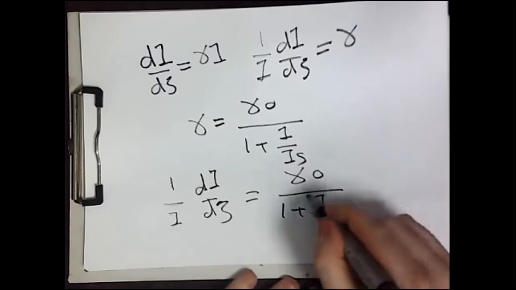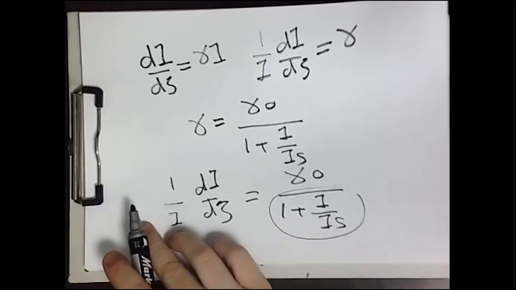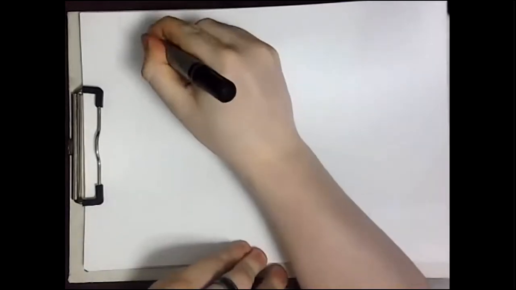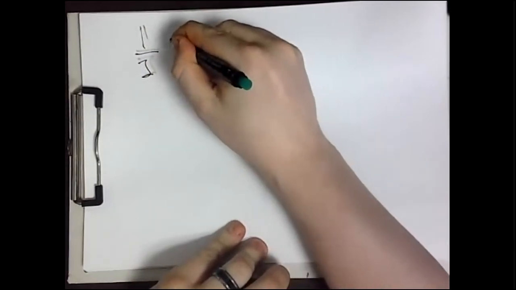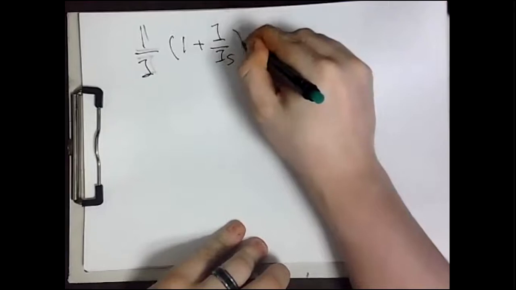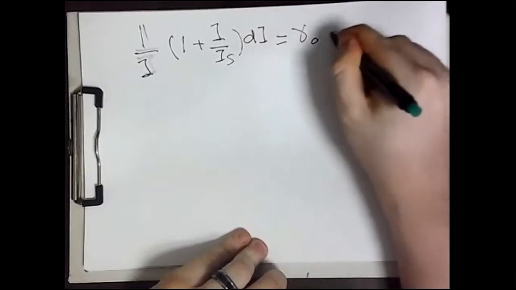You can shift this term to the left-hand side just to make all the I terms on one side and all the gamma terms on one side. So let's do it. It will be 1 over I times 1 plus I over Is dI equals gamma0 dz.